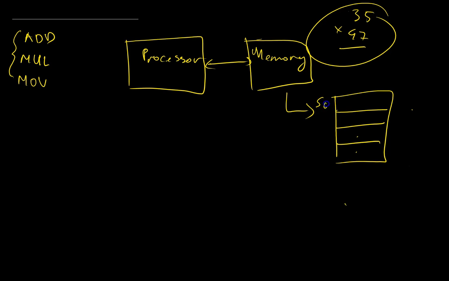So let's label these slots. Let's call this slot 0. This is slot 1. This is slot 2, and this is slot 3. So our program at any time can store numbers into slot 0, slot 1, slot 2, or slot 3. And if it doesn't make sense right now, that's okay. It's going to make more sense when we actually start making the instructions.